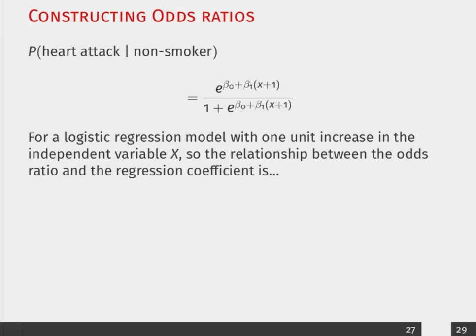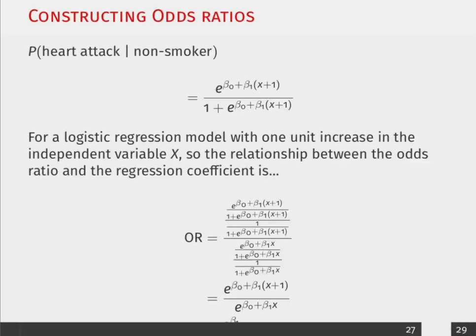So when we're talking about the odds ratios for a logistic regression, a 1 unit increase in x, going from x equals 0 to x equals 1, changes the relationship in y such that the odds of getting CHD or having a heart attack increase in this manner.